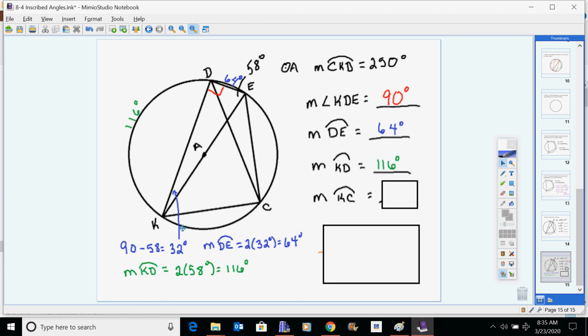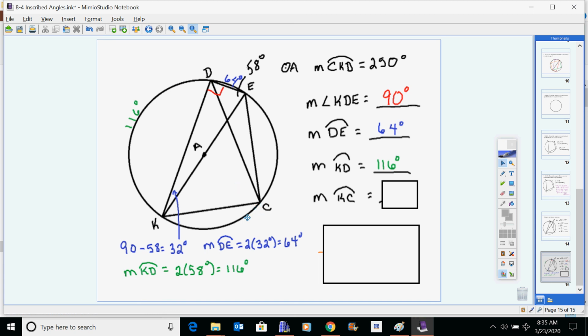Now, thinking that through, we're trying to find KC. Okay, so in trying to find KC, KC plus KD would have to give you CKD, which would be that 250 degrees.